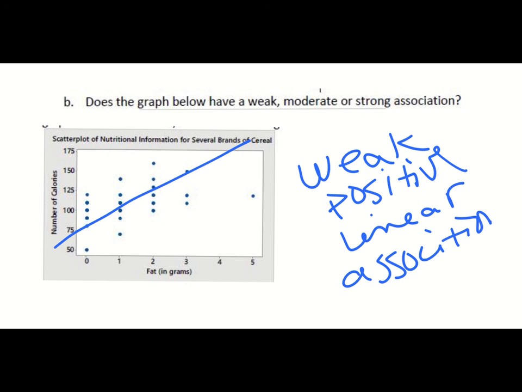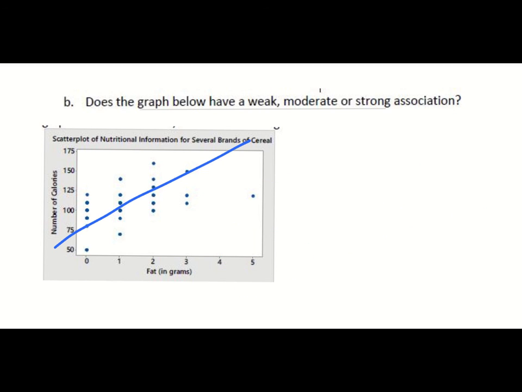It's weak because they're spread out far apart. It's positive because it's going up to the right. You can still draw a line through it, but it's basically weak because they're spread far apart. They're not close to the line.